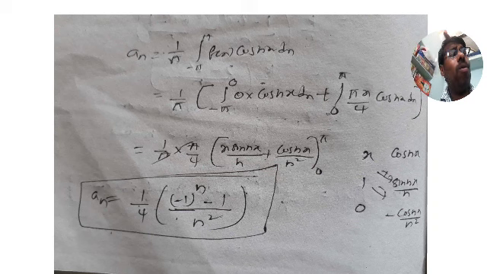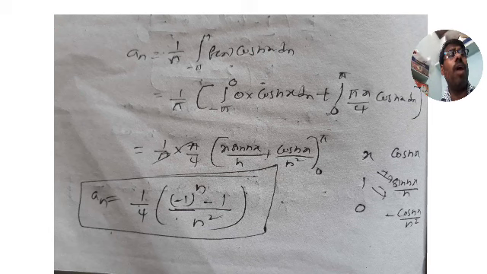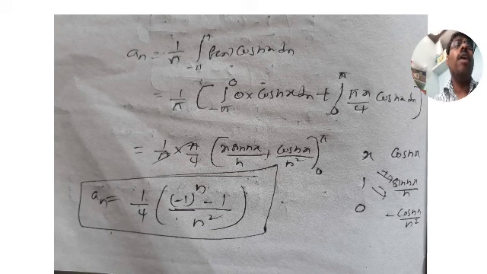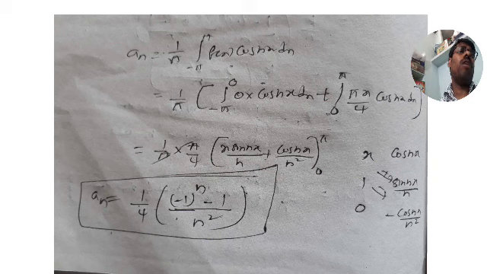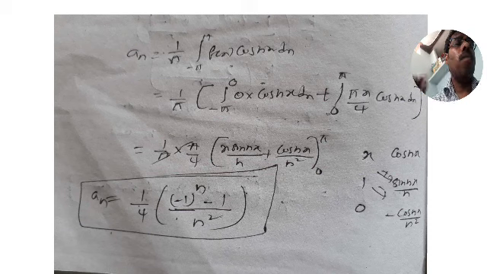But already you know f of x is not the same throughout minus pi to pi. From minus pi to 0 the value of f of x is 0, and from 0 to pi the value of f of x is pi x by 4. That's why you have to divide the single integral minus pi to pi into two integrals, minus pi to 0 and 0 to pi. In minus pi to 0, in place of f of x you have to write 0, and in 0 to pi, in place of f of x you have to write pi x by 4.